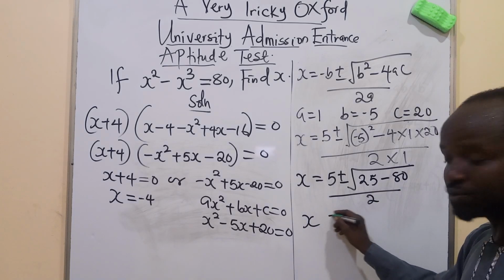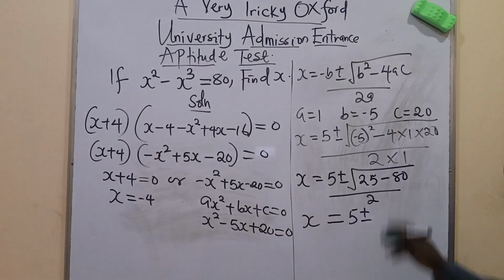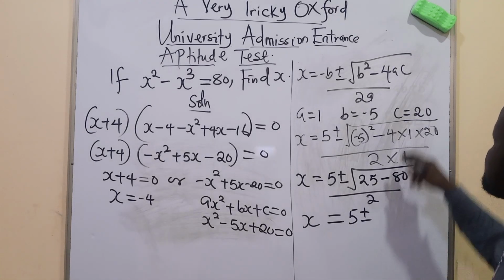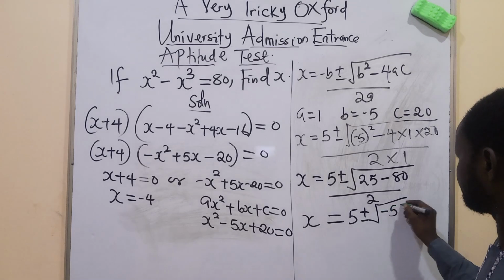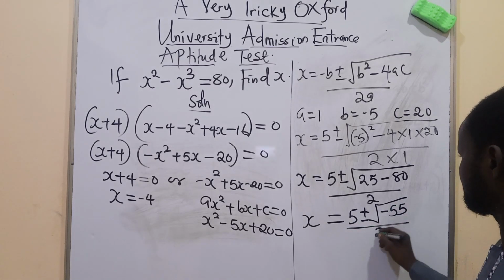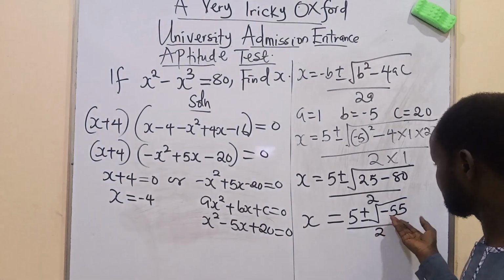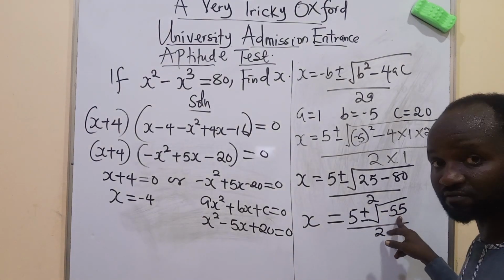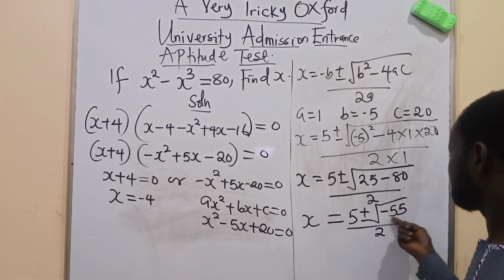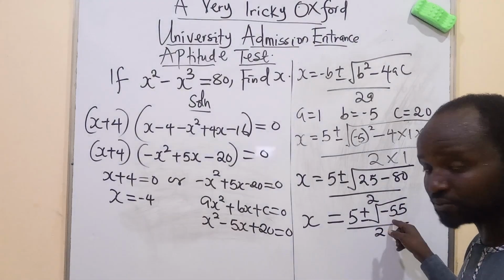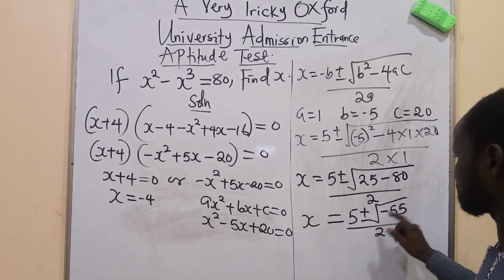x now equals 5 plus or minus the square root of 25 minus 80, that will be root of minus 55, divided by 2. If we take the square root of minus 55, we'll have root 55i, because we don't have a real solution to root minus 55. We have only a complex solution.